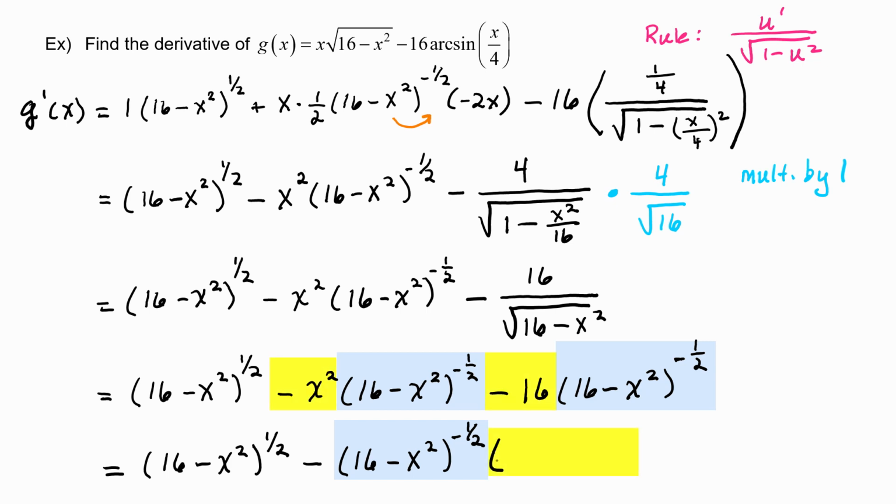Then we would have left the x squared from that first term. And then be careful with the signs here. Because we have a minus sign here and we need a minus sign here, we have to put a plus sign here. And we've already factored out this part of it, so we just have left that 16.